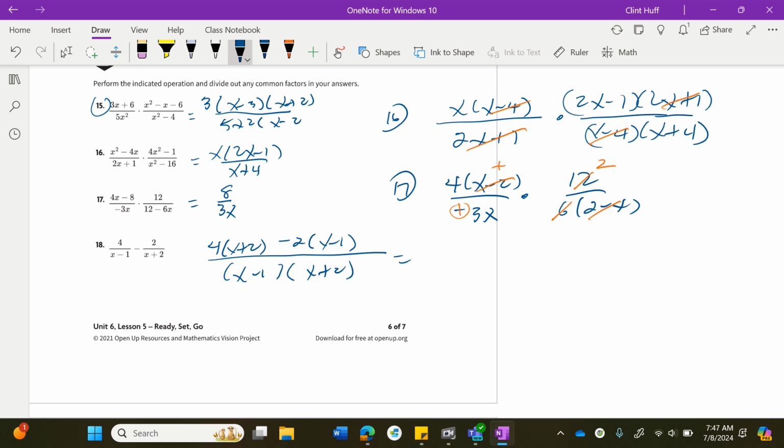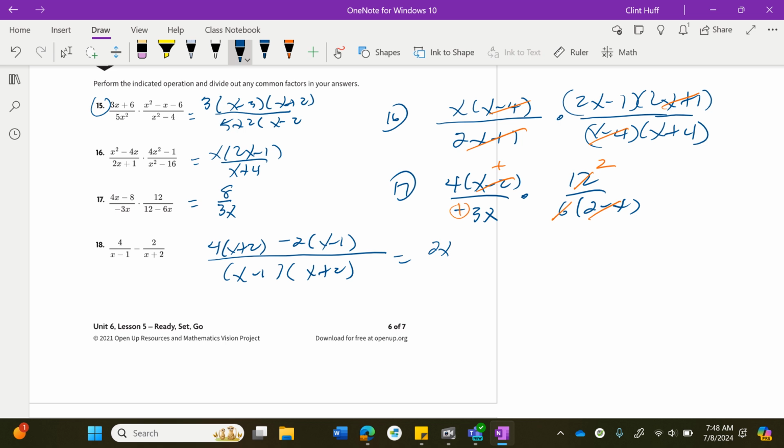What does that do? That gives me 4x minus 2x, which is 2x, I believe. 4x minus 2x is 2x. 8 minus 2 is what? Actually, it's 8 plus 2.